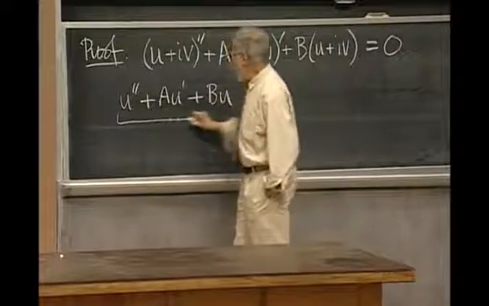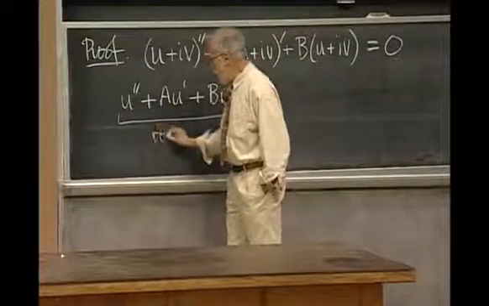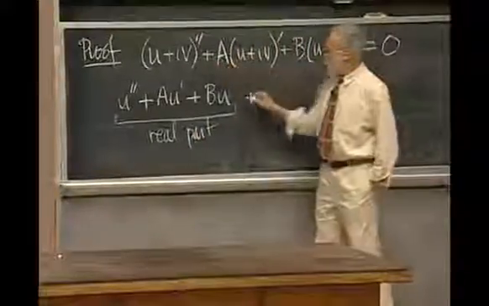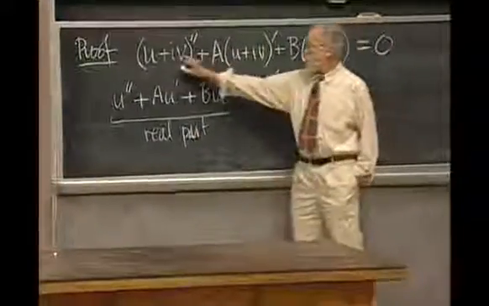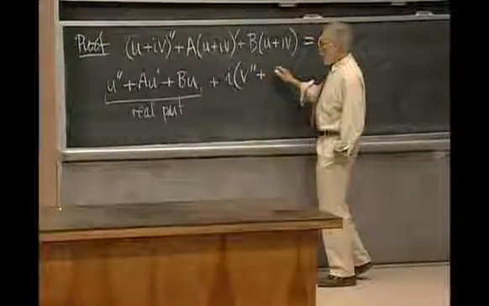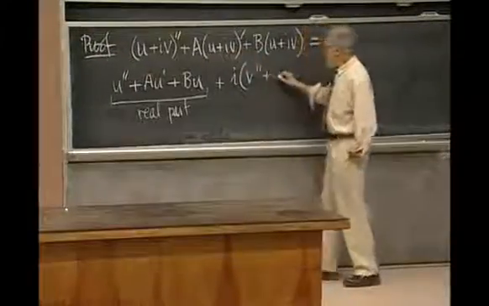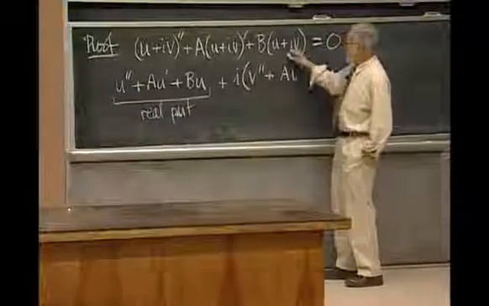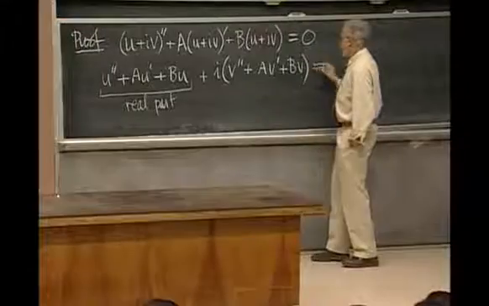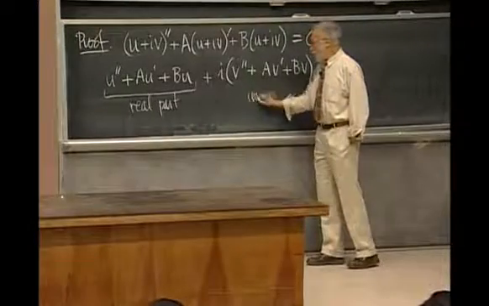That's the real part of this expression when I expand it out. And I've got an imaginary part too, which all has the coefficient i. So from here I get i times (v double prime plus a v prime plus b v). So this is the imaginary part.